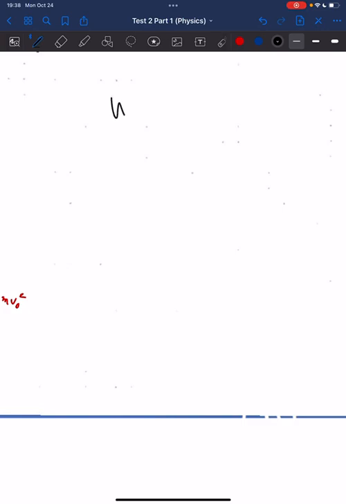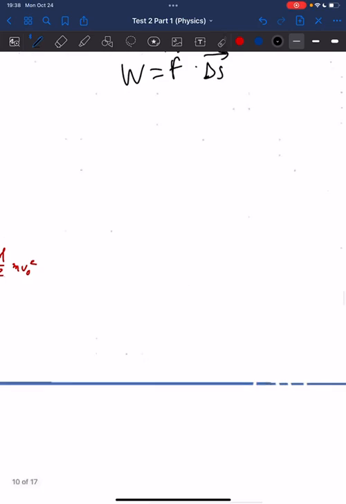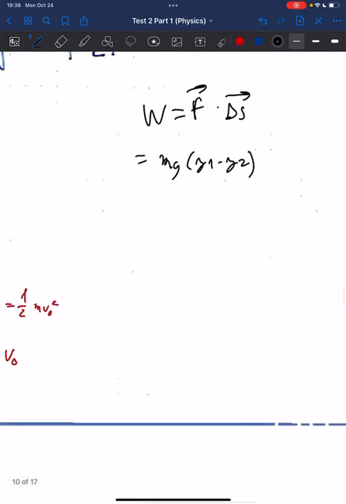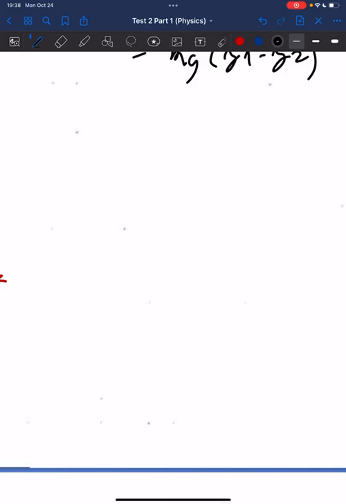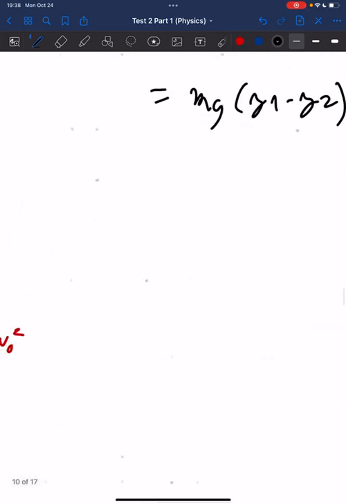Work equals F times the change of S. We're going to use that for the remainder of the exercise. And we're going to use mg of y1 minus y2. But we have to use what is from A to B. I mean, from A to C.